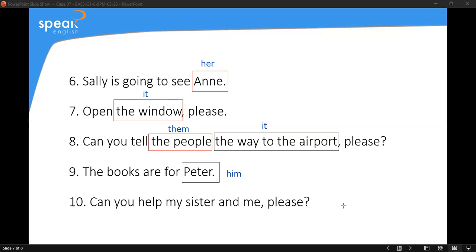My sister and me. Me is already an object pronoun, so we are not changing that. But I can change my sister. What is the object pronoun? Her. Okay, very good.